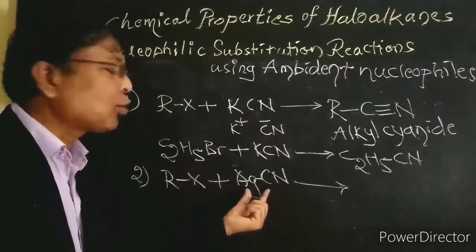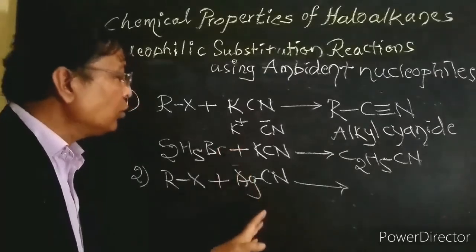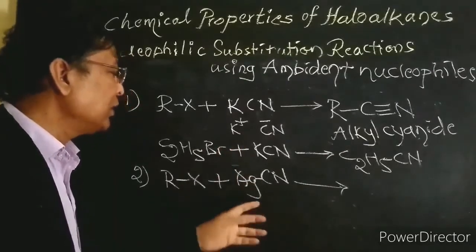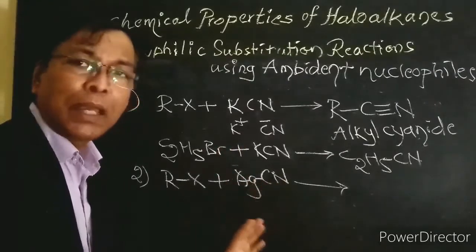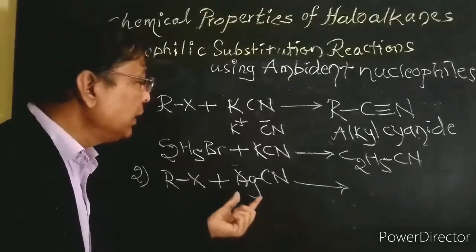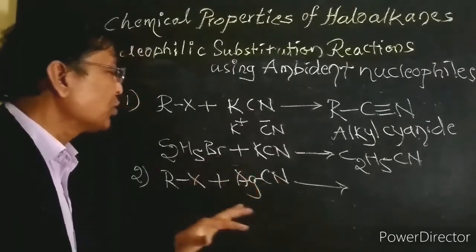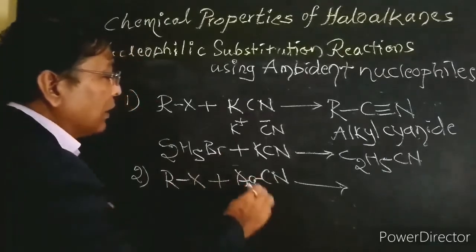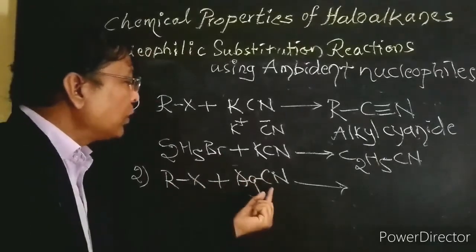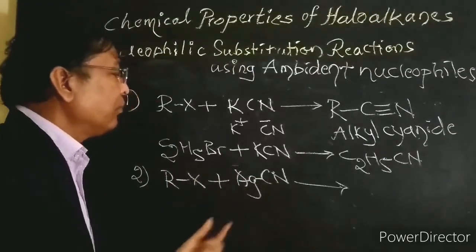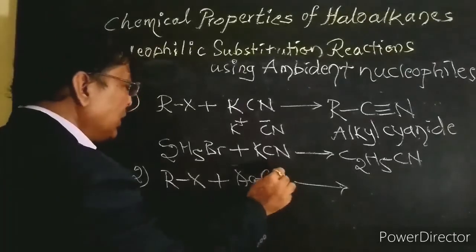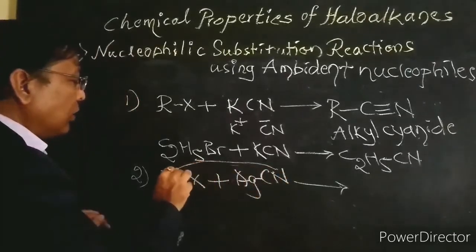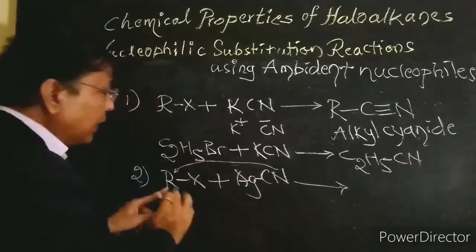It is a strong bond. It cannot dissociate or ionize into Ag plus and CN minus. Therefore, this carbon is strongly bonded to silver atom. Therefore, this nitrogen now donates electrons and forms a bond with alkyl group.